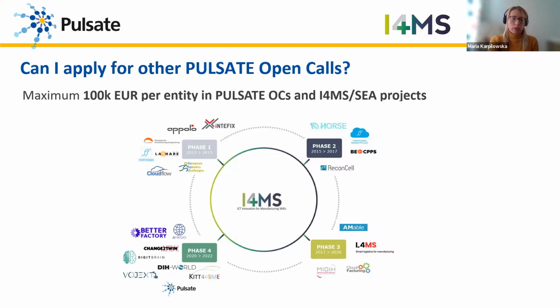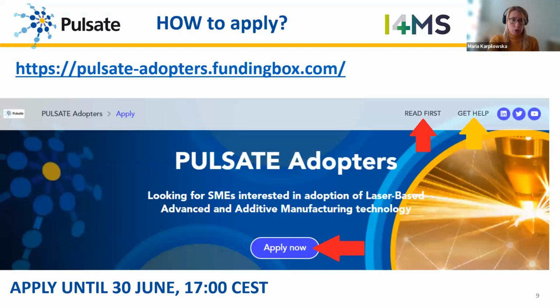So if you have already received funding under different Pulsate open calls or other I4MS or Smart Everything Anywhere projects, you need to take into consideration that with the funding received under the last Pulsate open call, you may not go above 100,000 euro of funding received. So in all I4MS, Pulsate, and CA open calls, this is the funding limit, 100,000 euros.